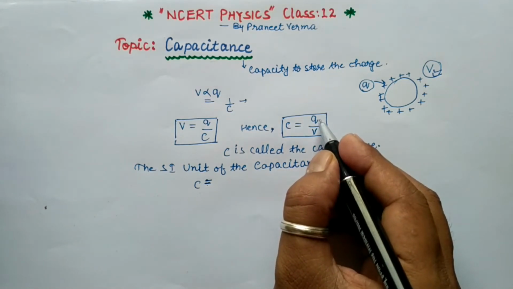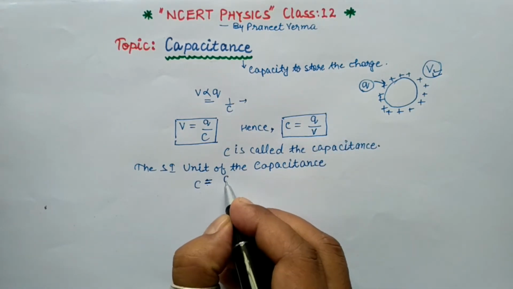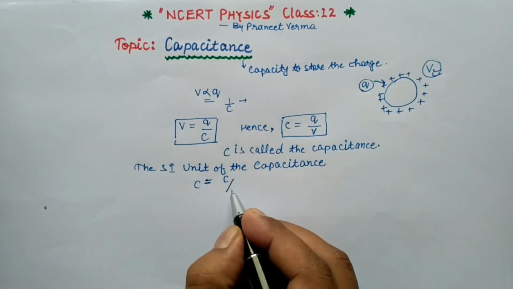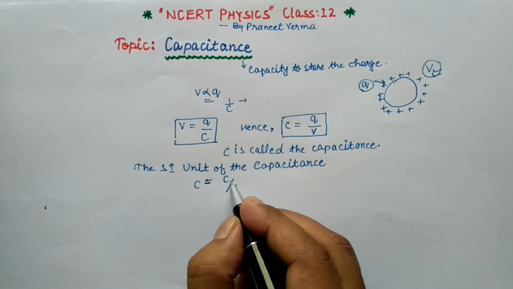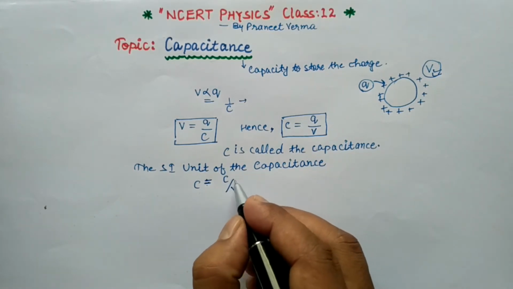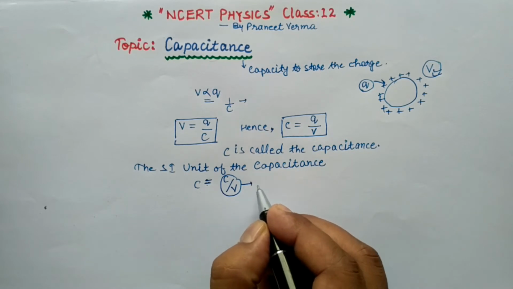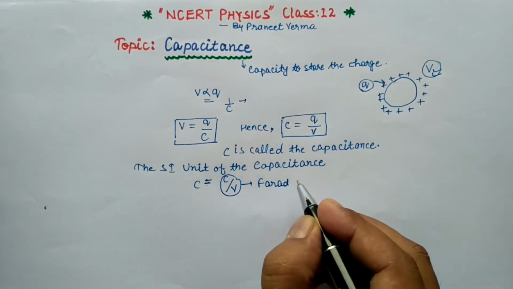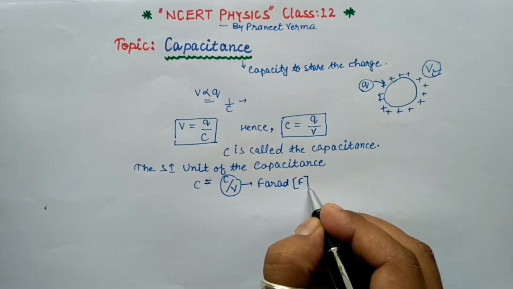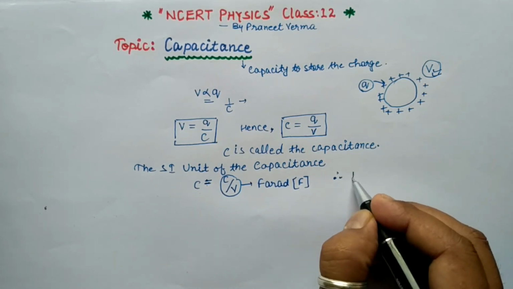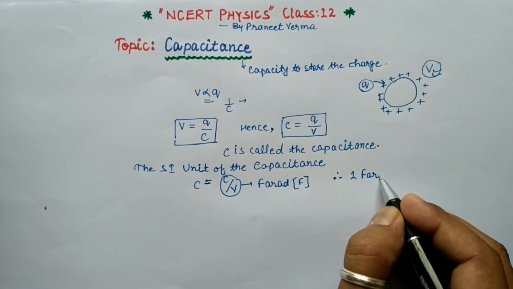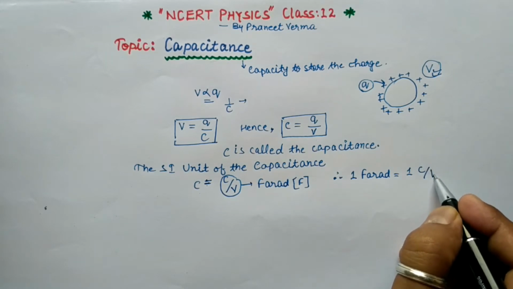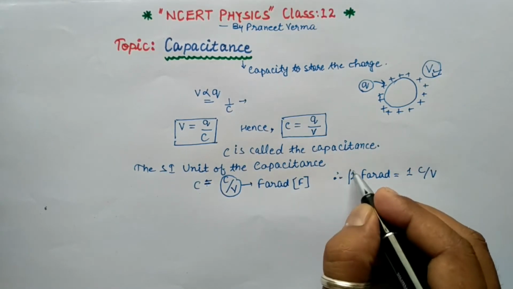Unit of charge is coulomb and unit of potential is volt. Coulomb per volt, that is also known as farad, and symbol is capital F, so that 1 farad is equal to 1 coulomb per volt.